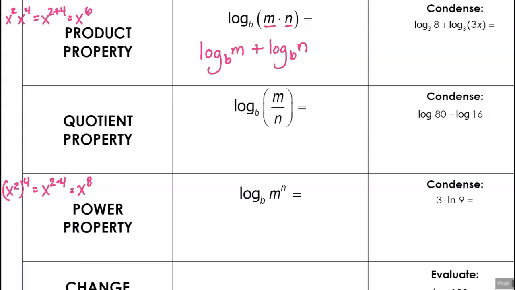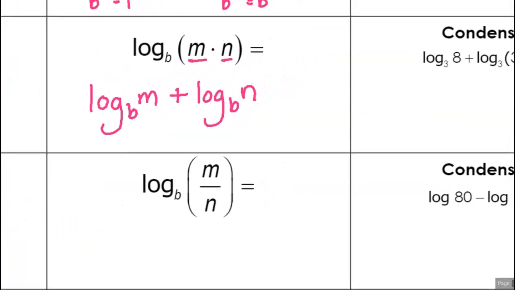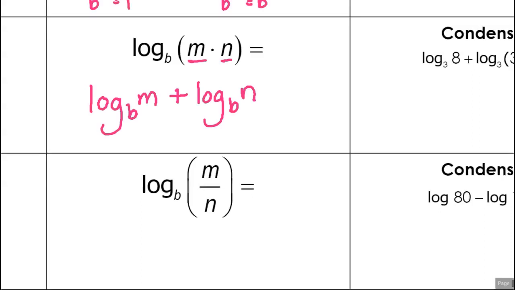This is the product property of logs. Whenever you have two terms being multiplied in a log, you can split them apart. It's called expanding them apart into two logs being added together.